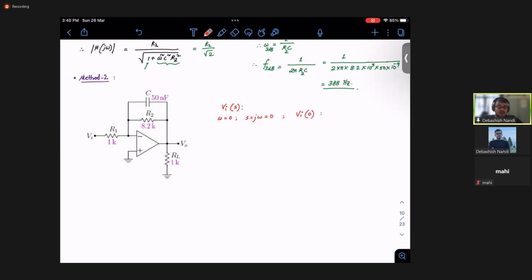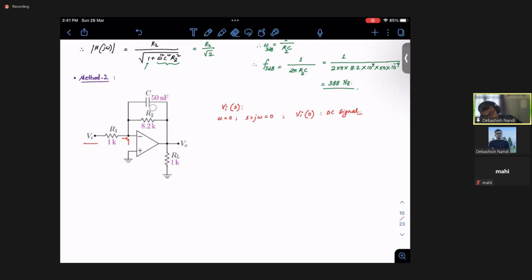What is Vi of 0? What kind of signal is this? It is nothing but your DC signal, right? Because DC signal has 0 frequency. Suppose you provide a DC signal at the input. So this DC signal will translate to this point, right? And suppose here is a DC signal, this capacitor will not allow any DC to pass, right?